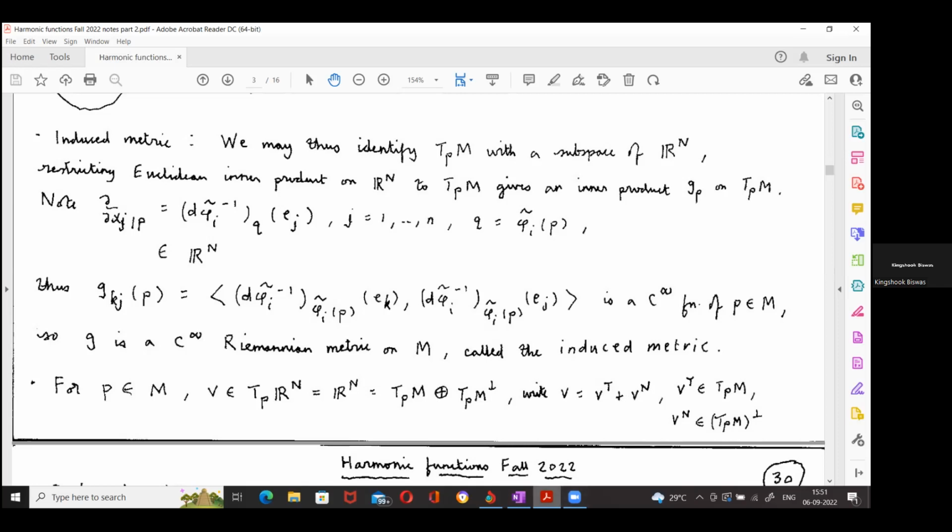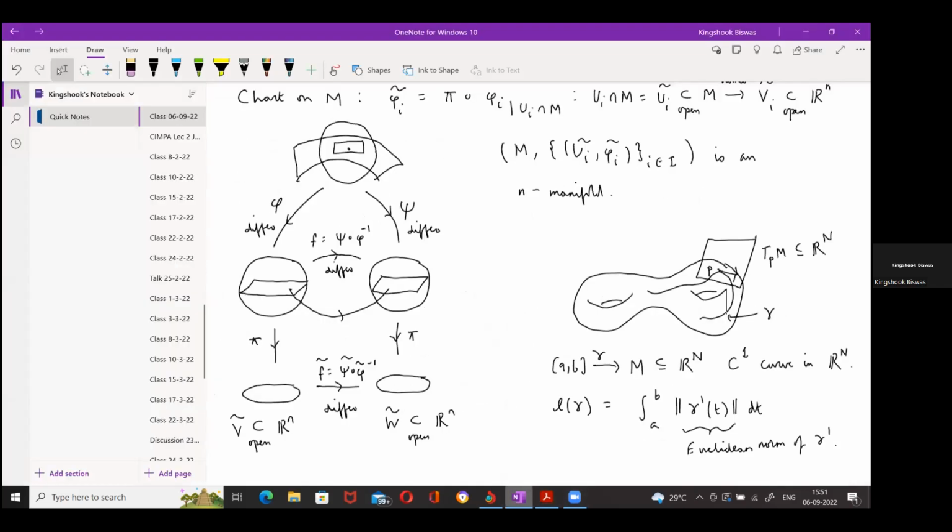Okay. So in this picture, if I take a vector V, there's a tangential component and a normal component. This is the tangential component Vt and this is the normal component Vn, all right?